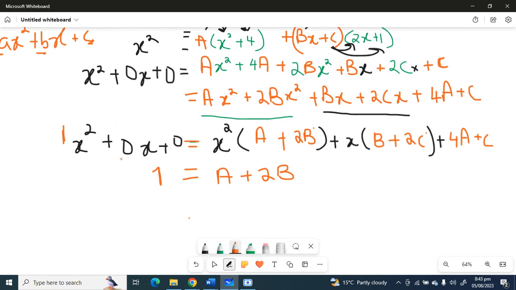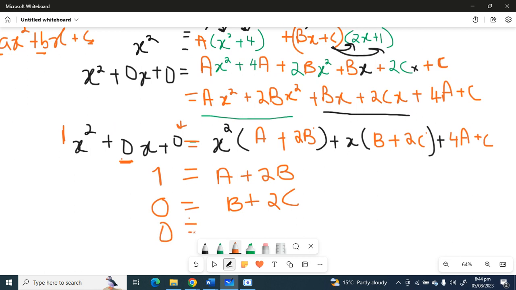Next, we look at the coefficient of x. We come to the left-hand side, the coefficient of x is 0. On the right-hand side, the coefficient of x is b plus 2c. When we come to the constants, the numbers without variables, on the left-hand side, our constant is 0 here.